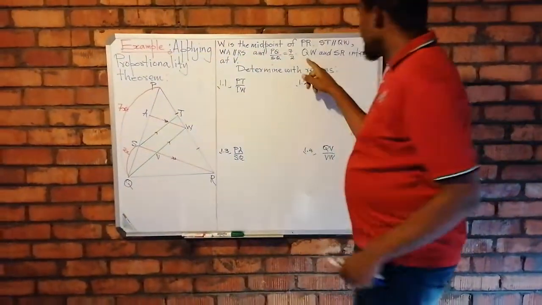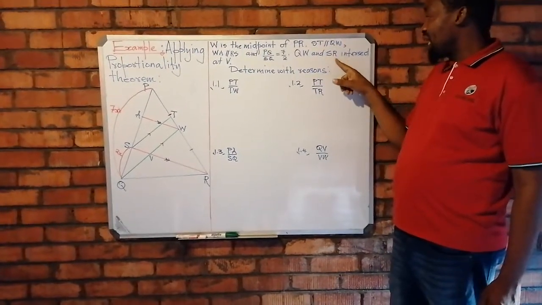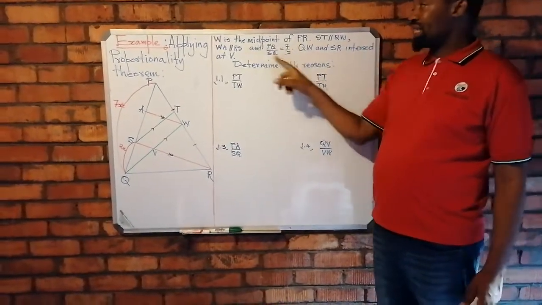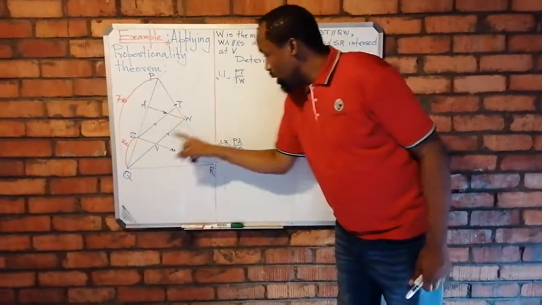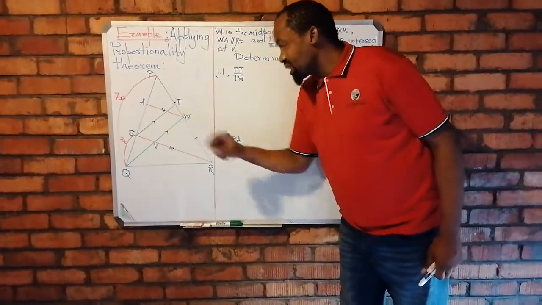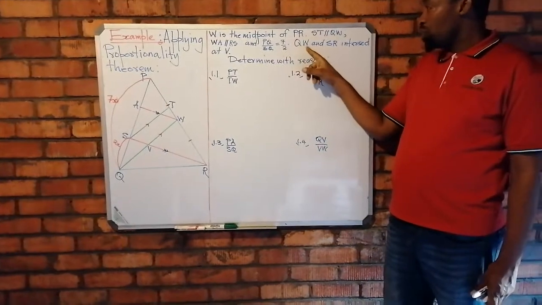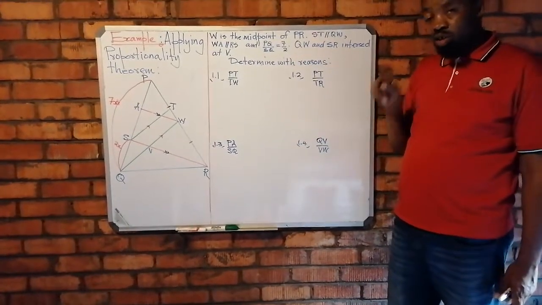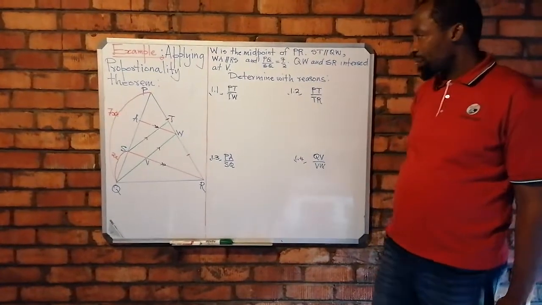Let's move on. QW and SR intersect at V. QW and SR are intersecting at V. Very important, QW and SR are straight line segments.